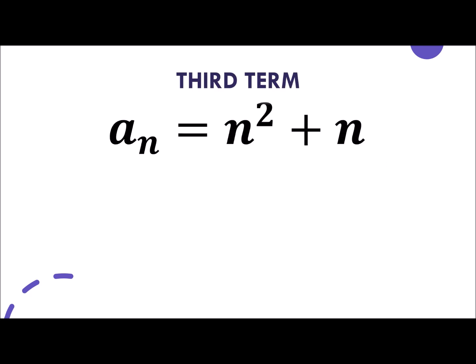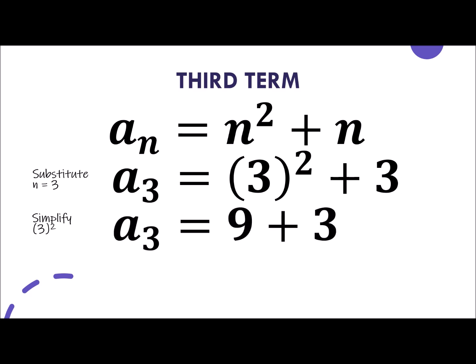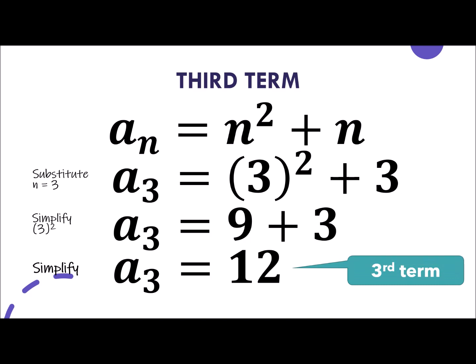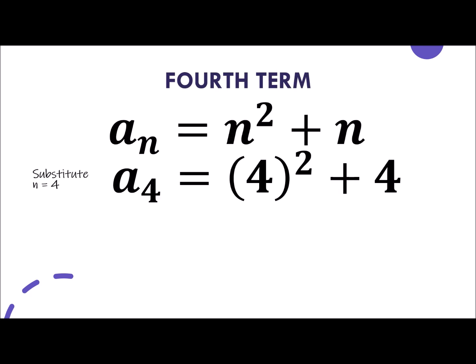Okay, for the third term, we will have n is equal to 3. So a sub 3 is equal to 3 squared plus 3. Then simplifying 3 squared, we will have 9. Then add 3. The answer here is 12 as the third term. Then lastly, for the fourth term, we will have n is equal to 4, where a sub 4 is equal to 4 squared plus 4.